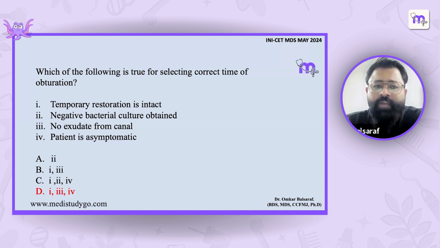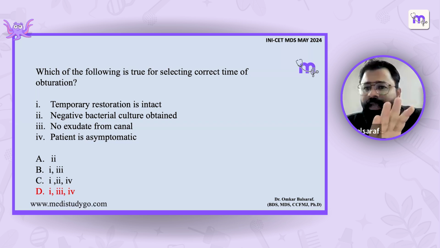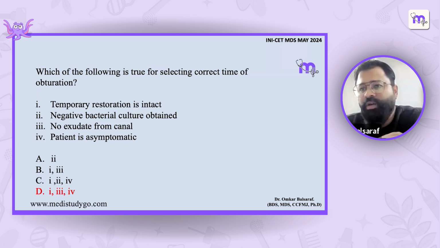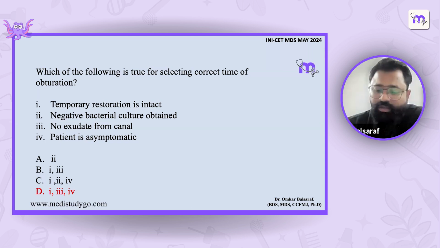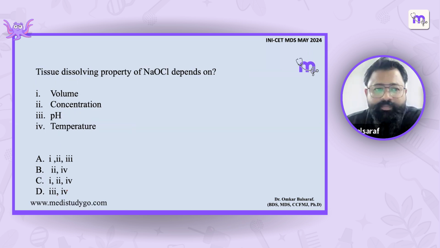This is called a negative bacterial culture. It is very time consuming, and it takes almost 3 to 4 days to get a negative culture. By then, if you have a breach in your coronal restoration, your canal can again have the presence of bacteria, which can be a pseudo positive case here. So we generally don't rely on that.